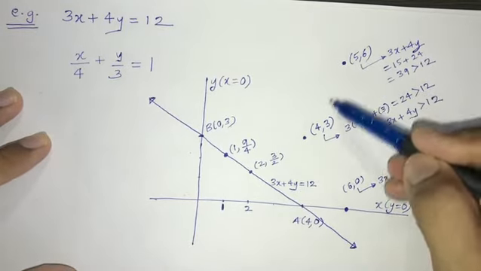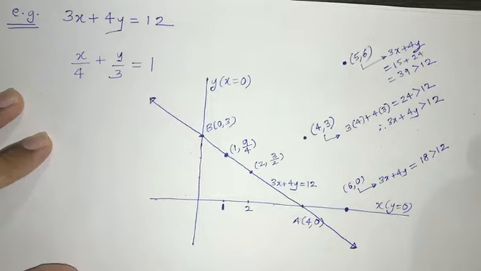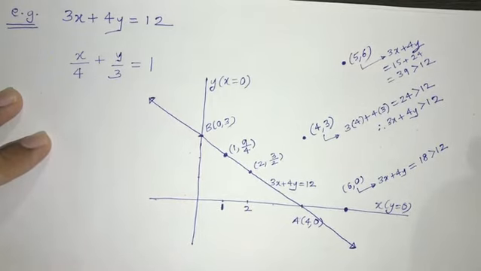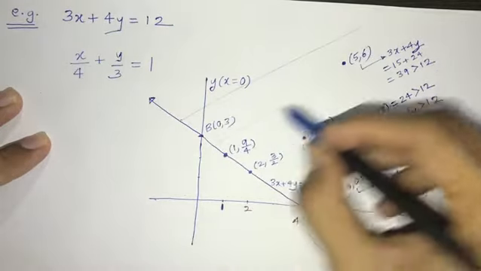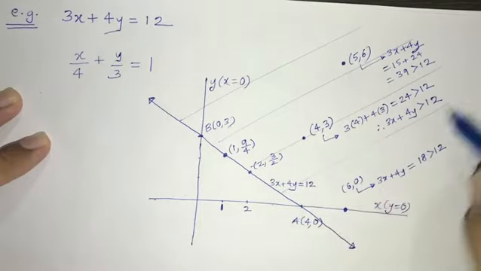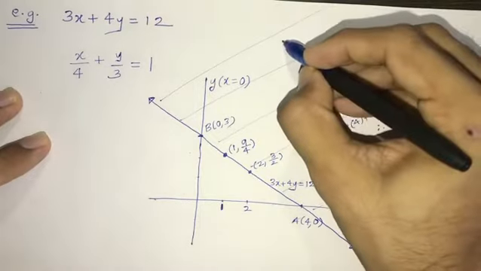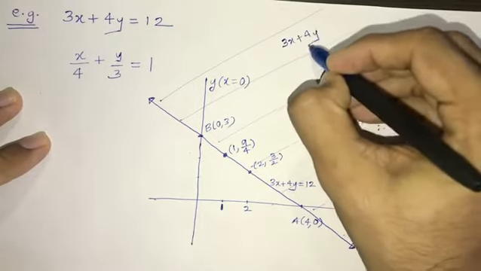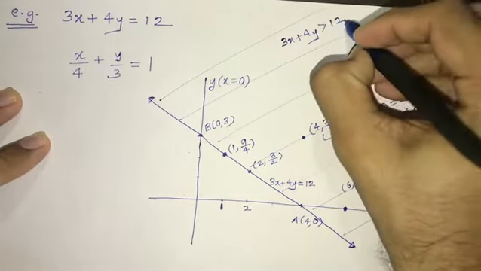So for any point on this side of the straight line, the left hand side, that is 3x plus 4y, obviously is not coming as equal to 12, but it is coming as greater than 12. You are going to get 3x plus 4y greater than 12.